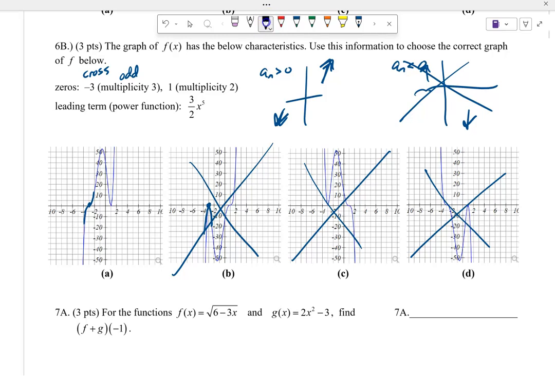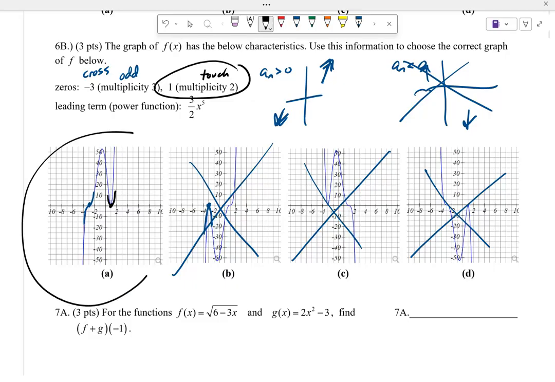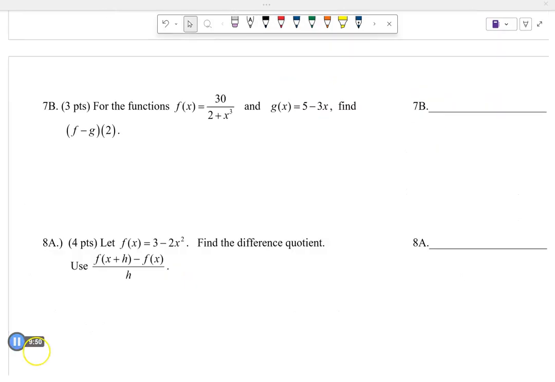Let's just check the final 0 here. It has a 0 of 1 with multiplicity 2. It's an even multiplicity, so it's just going to touch it right there. See how it just barely touches the x-axis right there. So it looks like it's got to be graph A for problem 6b.